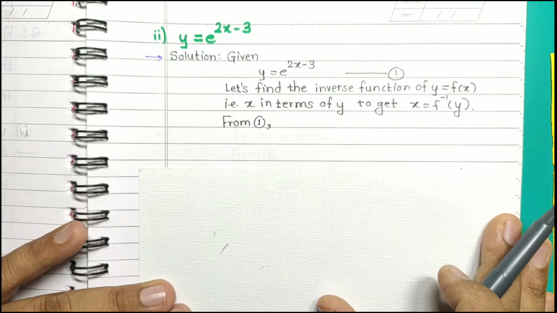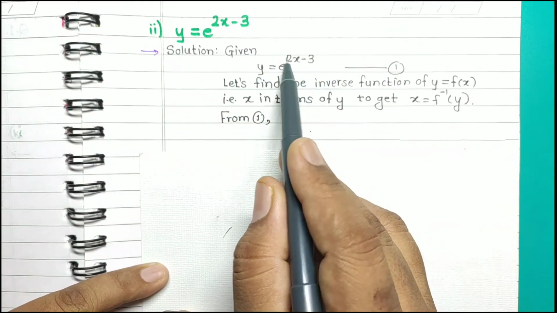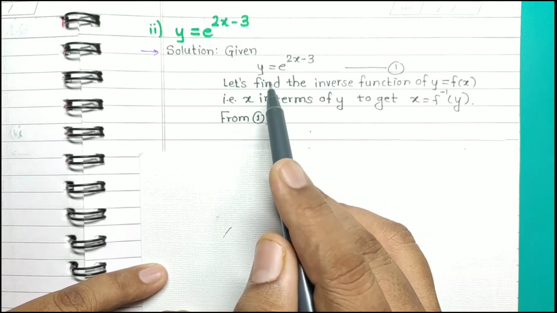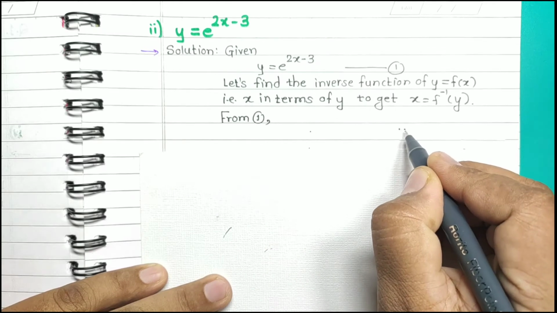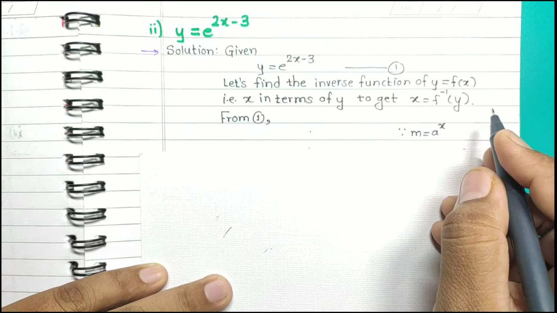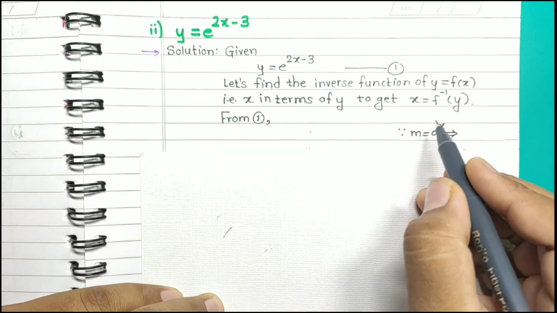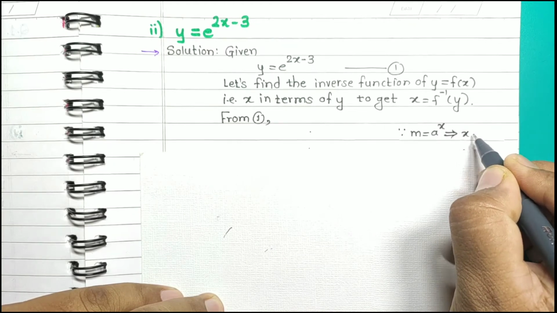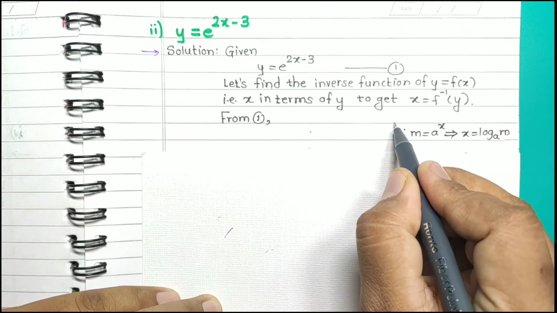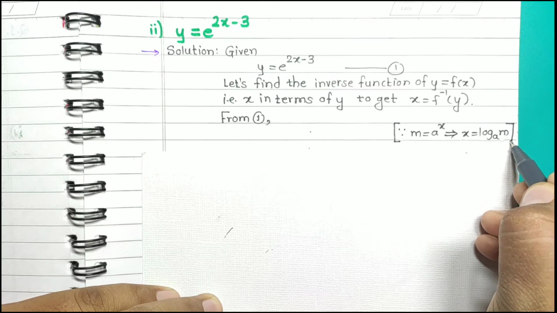So from equation 1, to find x in terms of y, we have to convert this exponential form to logarithmic form, and we know that if m is equal to a raised to x as exponential form, then x is equal to log of m to the base a. For the details of these forms, you can find link in the description.